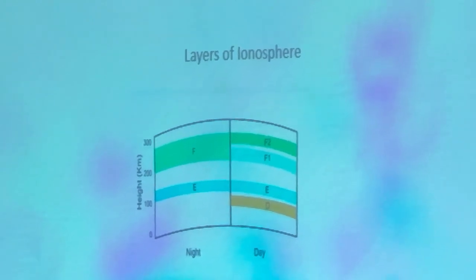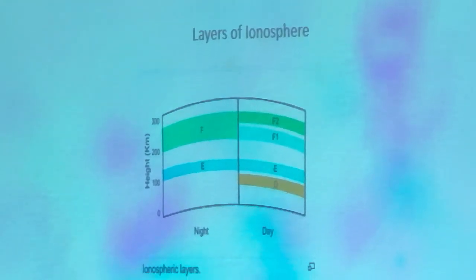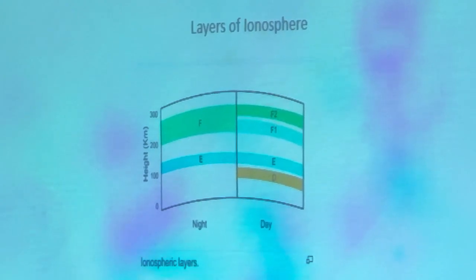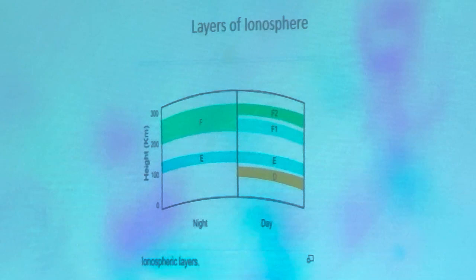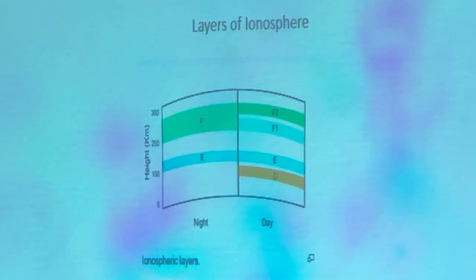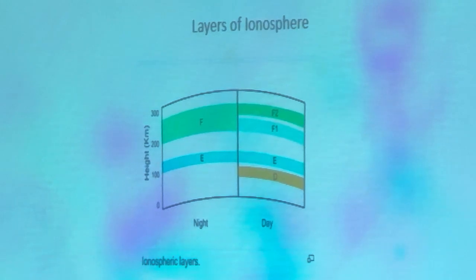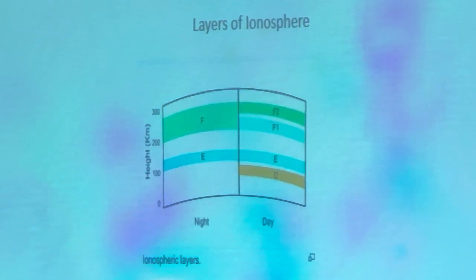But sometimes we have what they call a polar cap absorption. This is when we get hit with a massive amount of ionization of this particular layer, and it will basically prevent radio signals from going over the polar regions.